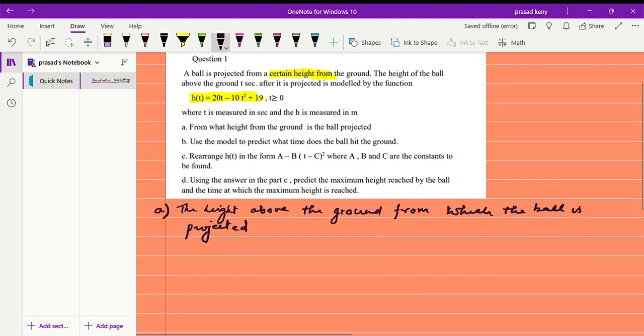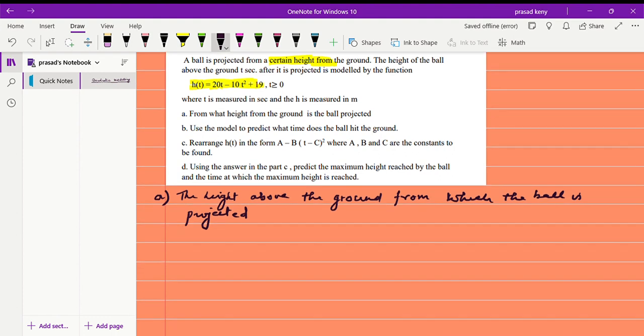That means the height of the ball at time t equal to 0. So in your quadratic function, put t equal to 0, which is 20 into 0 minus 10 into 0 square plus 19.